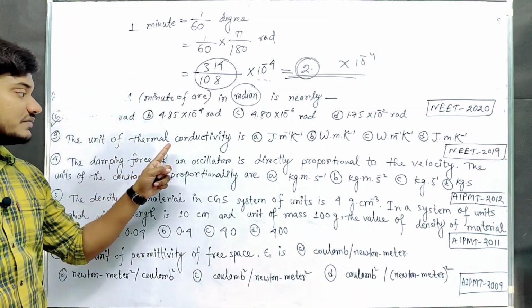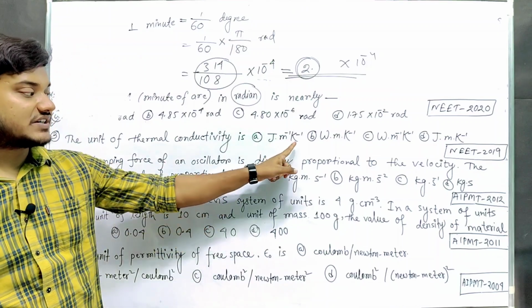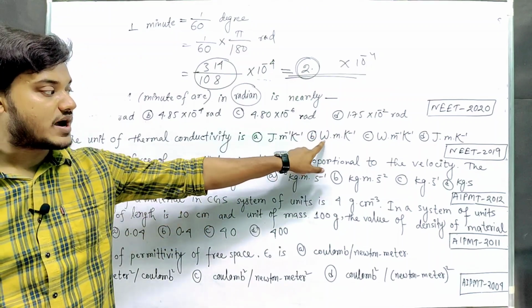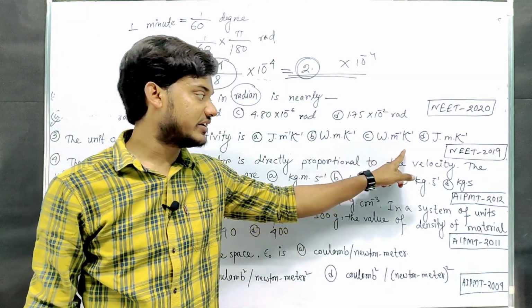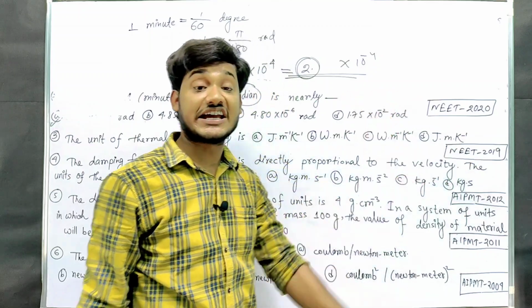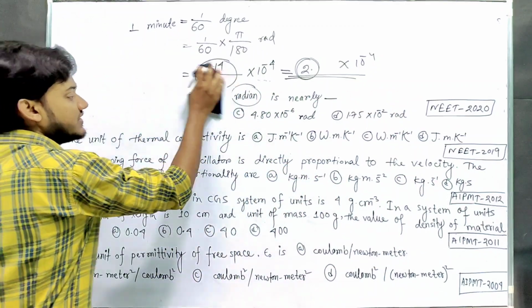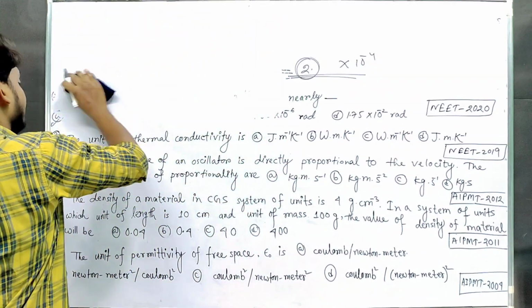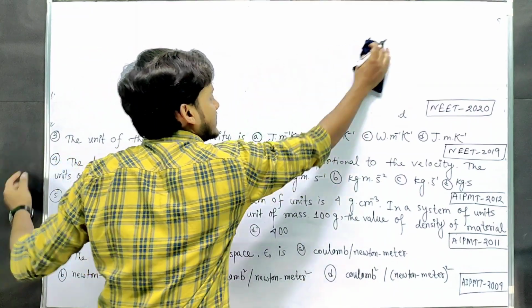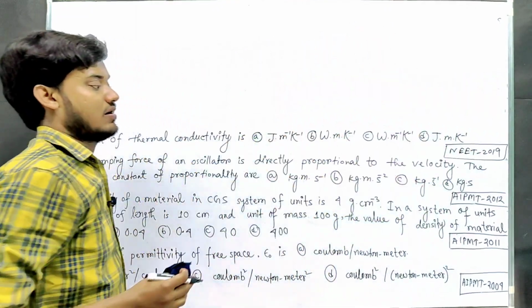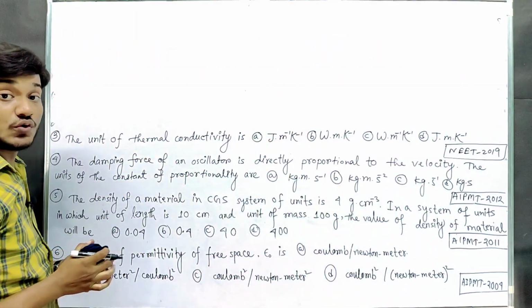The unit of thermal conductivity is joule meter inverse Kelvin inverse, watt meter Kelvin inverse, watt meter inverse Kelvin inverse, or joule meter Kelvin inverse. Which is the right answer? Think a little by yourself, which will be right.